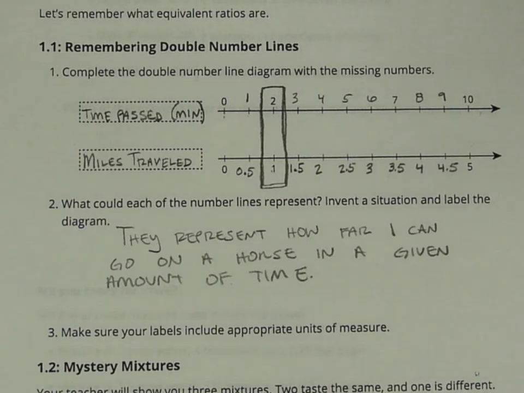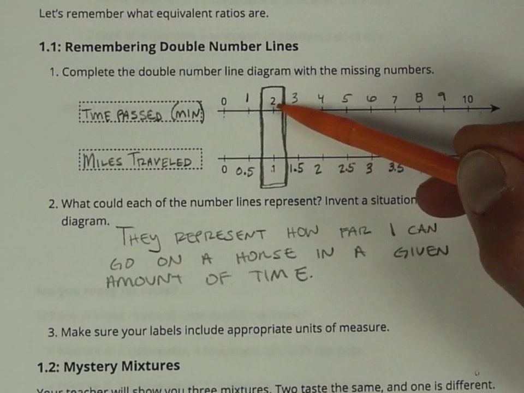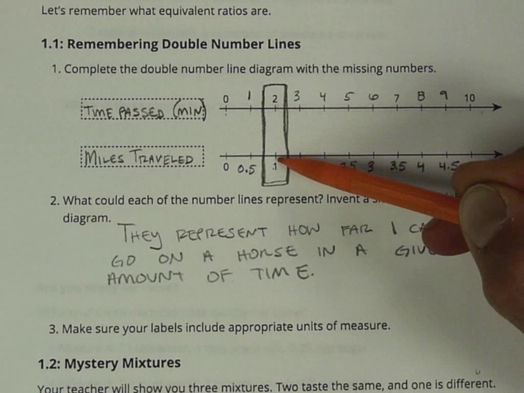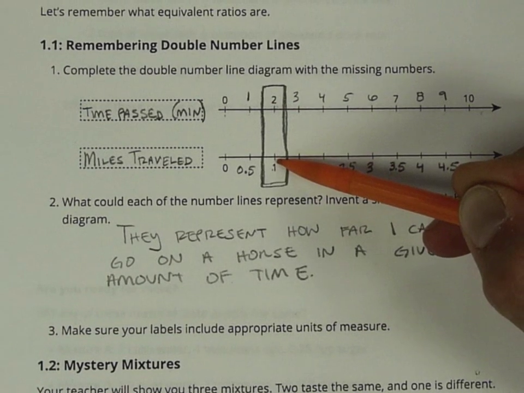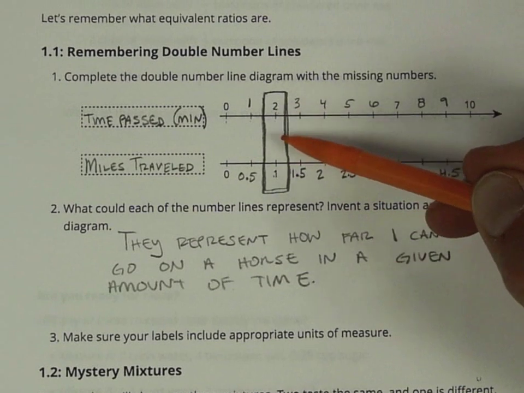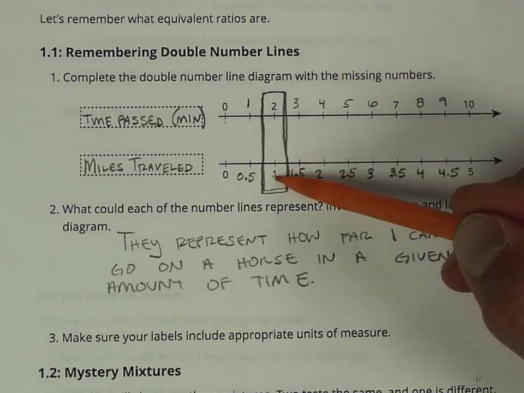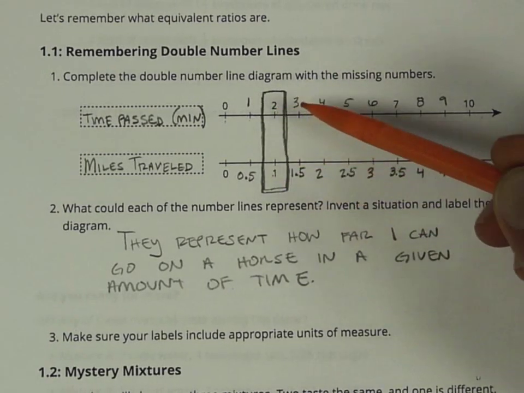Oh, okay. So maybe we could do how many chocolate chip cookies there are and how many tablespoons of chocolate chips there are in an individual cookie, right? So 2 cookies has 1 tablespoon, or 1 cup would be quite a bit, but that would work. 1 cup of chocolate chips per 2 cookies.